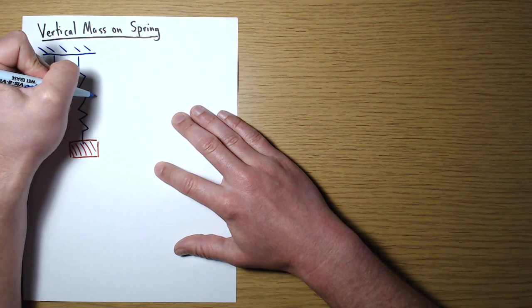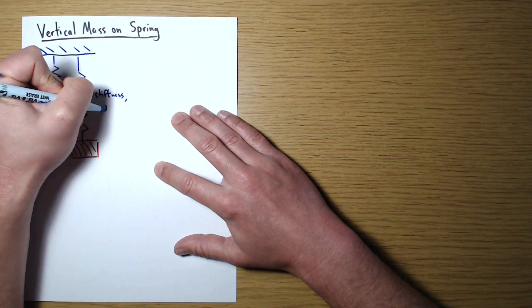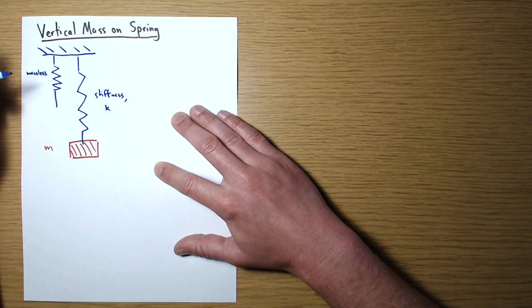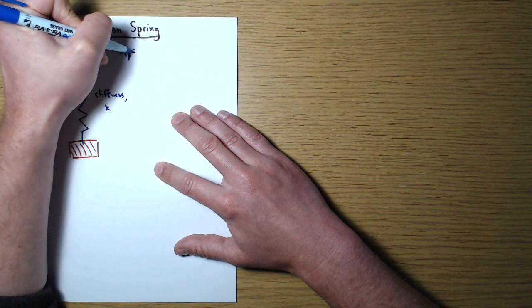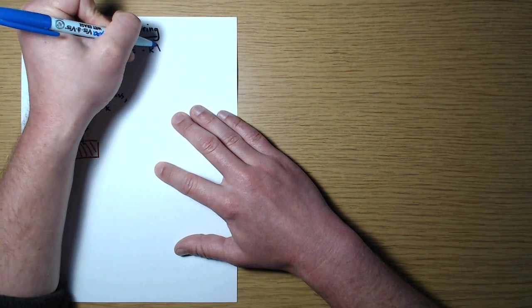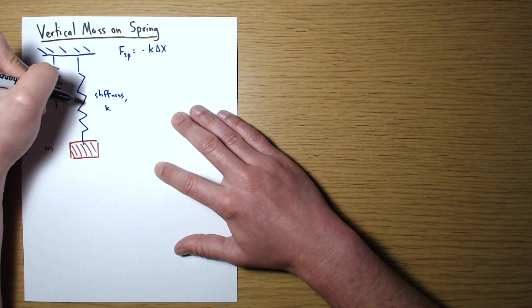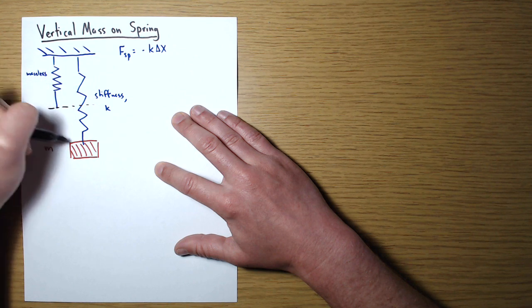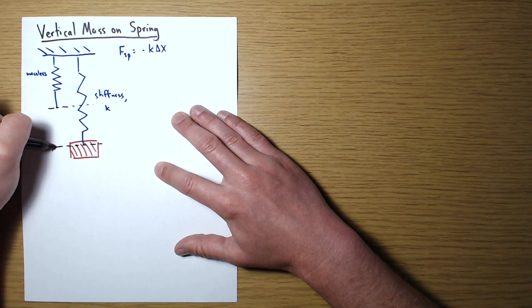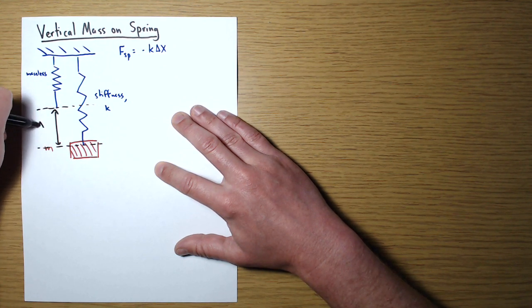So I'm going to call this the stiffness of the spring, call it K. So the force exerted by the spring, F spring, is equal to negative K delta X, where delta X is simply the amount, or the distance, I should say, that the spring stretches when I add a mass to it. Delta X, the displacement.